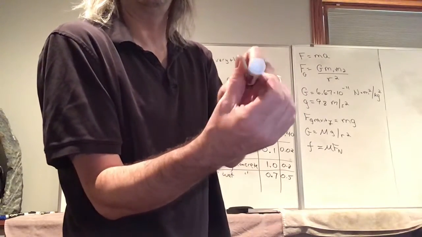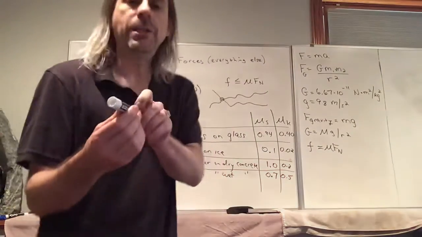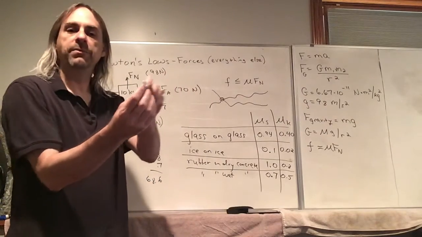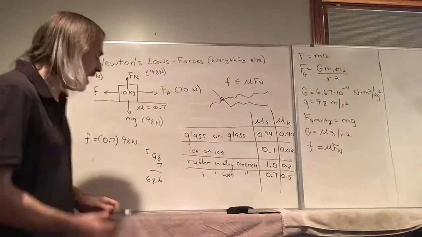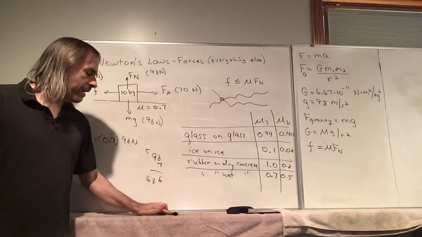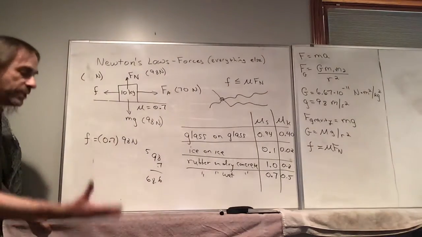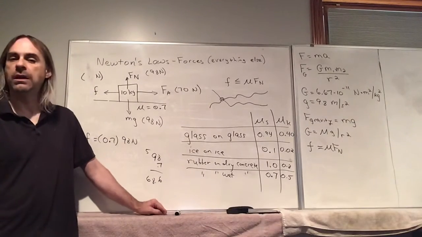The way I'm spinning it, the point on the bottom is always moving to the left. So the marker's moving to the right, but the point itself is moving to the left. And when they're rolling without slipping, those cancel out. So there's no relative motion between the point of contact and the surface itself.